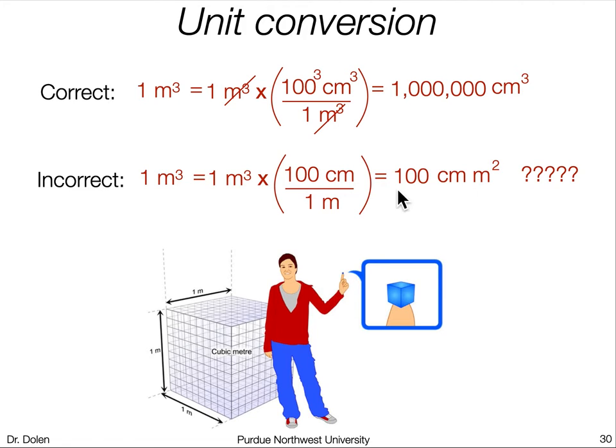And secondly, if you got the answer of 100, you can think about physically how many cubic centimeters could there be in a cubic meter. A cubic centimeter is tiny. It's the size of a sugar cube. A cubic meter is huge. So you can definitely fit more than 100 cubic centimeters in a cubic meter. In fact, you can fit 1,000,000 cubic centimeters in a cubic meter. So make sure you go through the conversion factor fully and check your results.